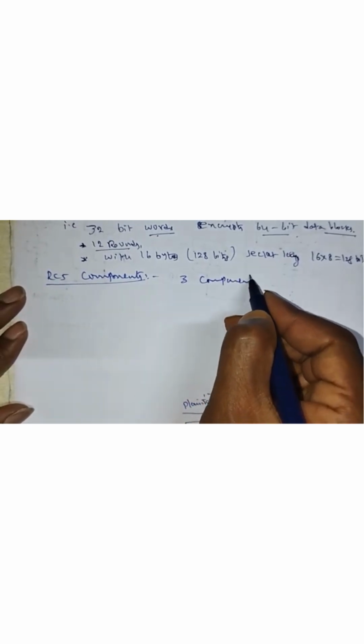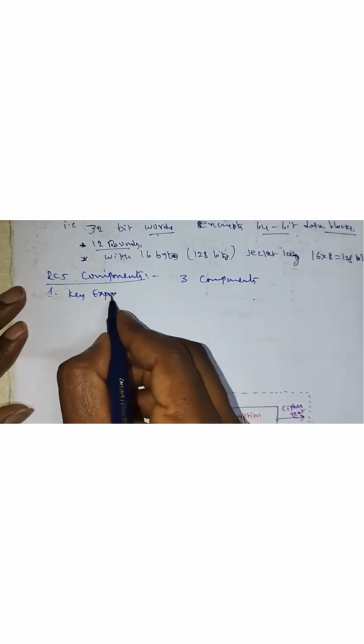Mainly, RC5 contains 3 components. We will see what the RC5 components are.